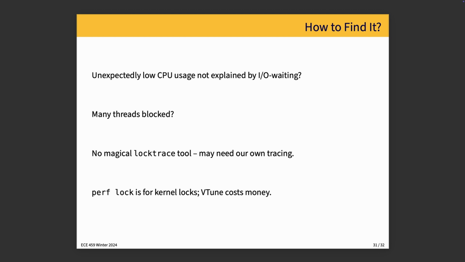Unlike some of the things that we've discussed, there's no magical lock trace tool that would tell us about critical section locks. And in fact, the pthread library, that's sort of the standard model for locking and managing locks and what have you, doesn't have in the specification anything that would require that sort of traceability for locks, right?